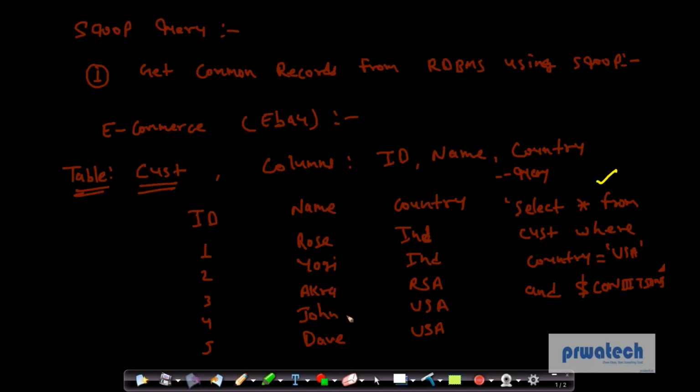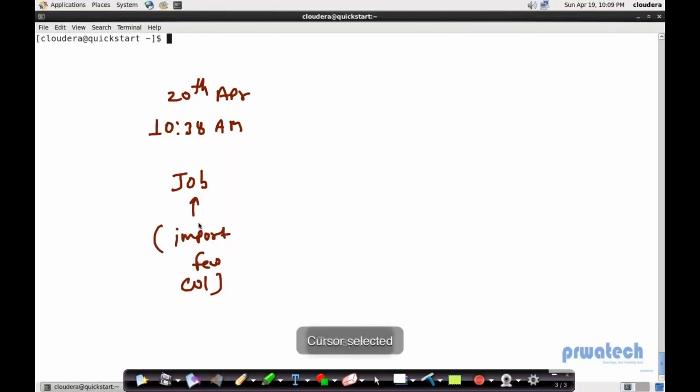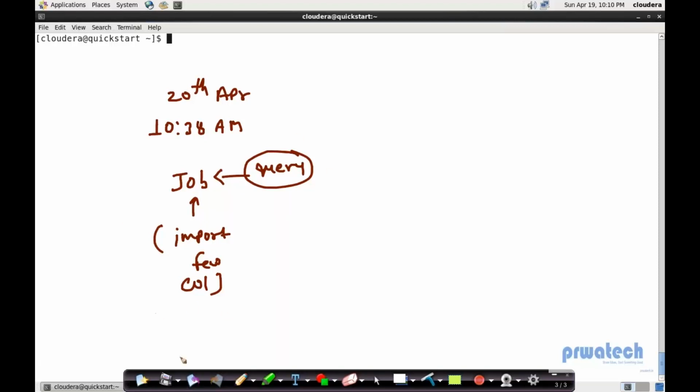This is my one query, and for that query I want to create a job. A job can be created for any query, whatever you have seen so far: joining, single import, import all tables, export. I'll simplify it first using import of few columns, then you can try with others.